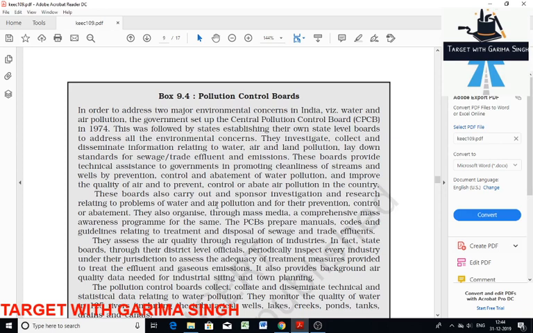Then it provides technical assistance and guidance to the state boards, carries out and sponsors investigation and research relating to problems of water and air pollution for their prevention, control or abatement. Then it plans and organizes training for persons engaged in programs on the prevention, and organizes through mass media a comprehensive mass awareness program on the prevention, control or abatement of water and air pollution.